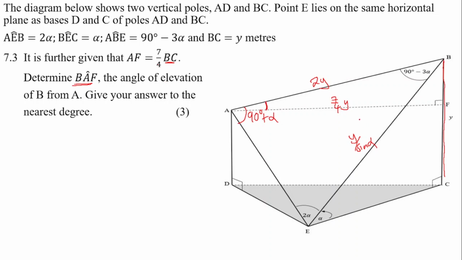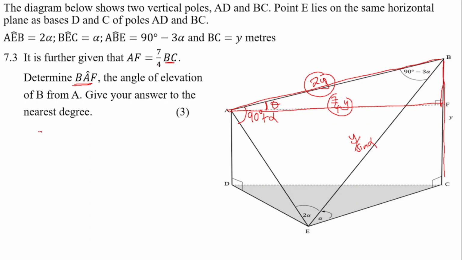We have this side, which is the hypotenuse of this triangle, and then we have the adjacent side. If this is our reference angle, let's call it theta, our angle BAF is our reference angle. This is the adjacent side and this is the hypotenuse. Which trig ratio are we going to use here? It will be the cosine of the angle.